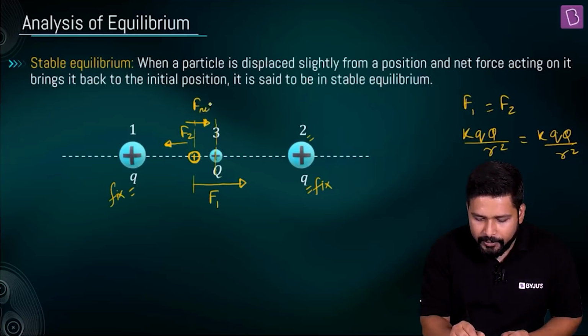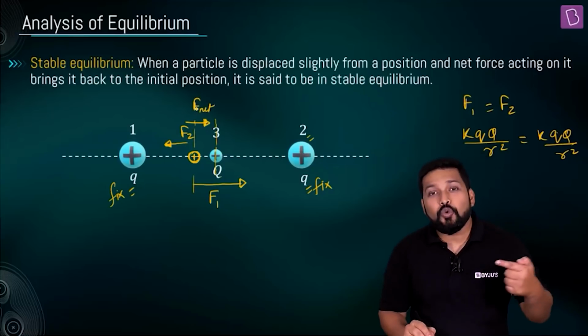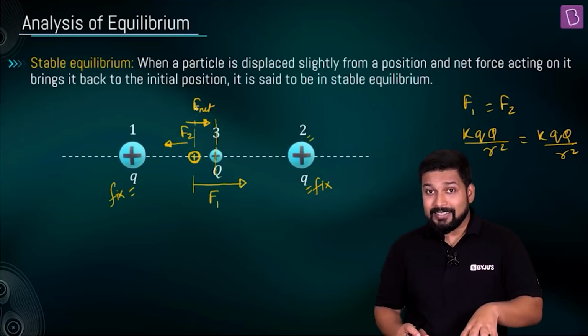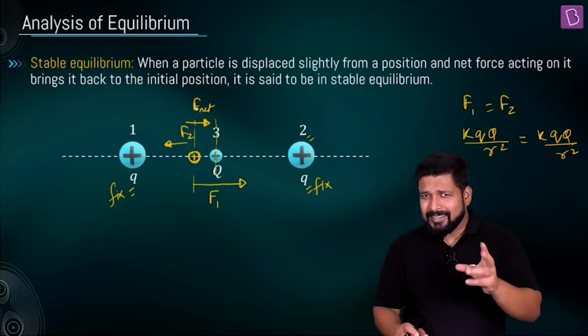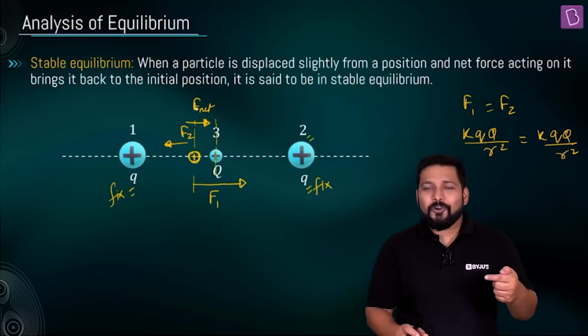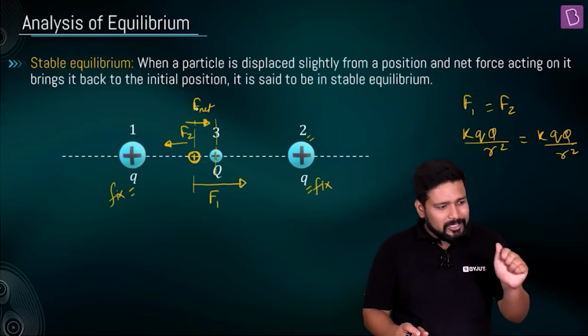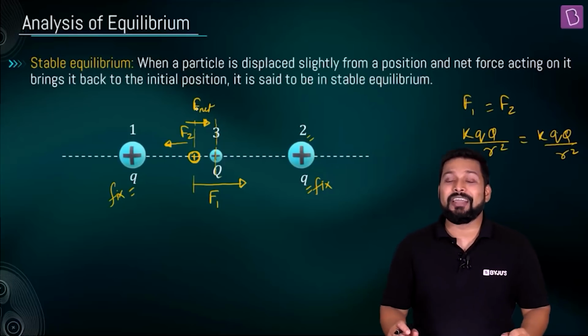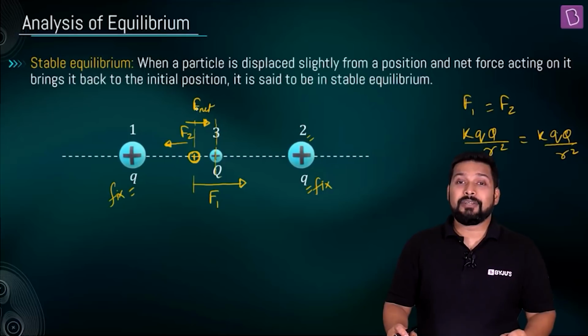That is, this is F net, correct? That is towards the mean position. Which means that it should be in stable equilibrium, isn't it? Once you displace it from the mean position, the net force is again trying to get it back to the mean position, and that was the condition we have seen in case of equilibrium.